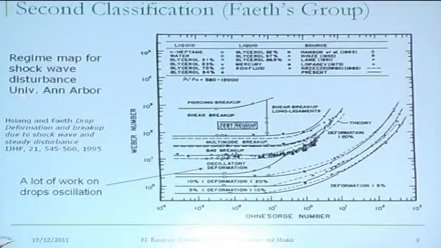You cannot have a very high Ohnesorge number for bag breakup. And then multimode breakup has a lot of different classifications. Here it's one example. And here the shear breakup is around 80 for the Weber number.